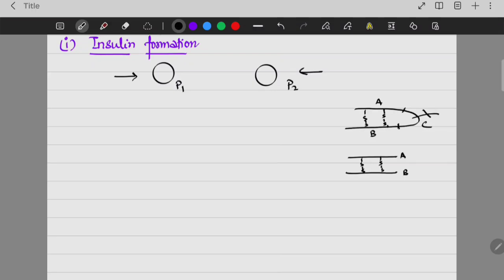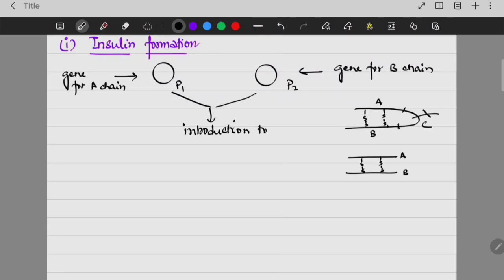Now we insert a gene for the A chain and we insert a gene for the B chain. After introduction to the host, this DNA is expressed and the A chain and the B chain are formed.